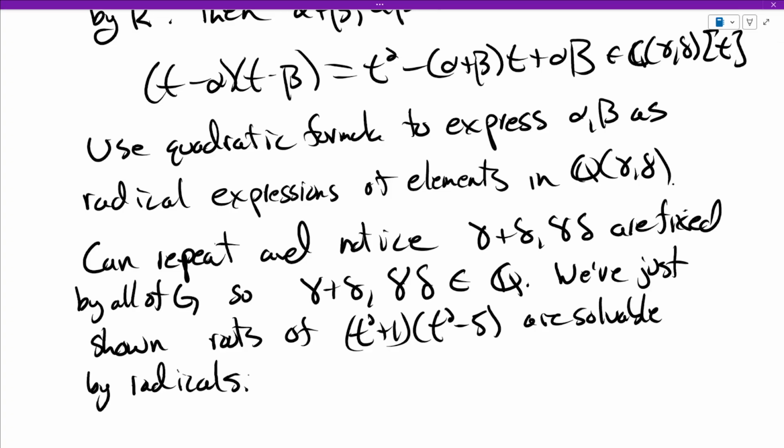And this is a shadow of how we're going to answer the following question: what polynomials can we find formulas for the roots for? And it turns out, in general, it stops at degree 4. So polynomials of degree 5 and larger don't have radical expressions for the roots.